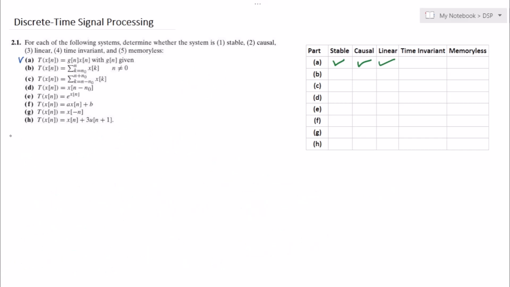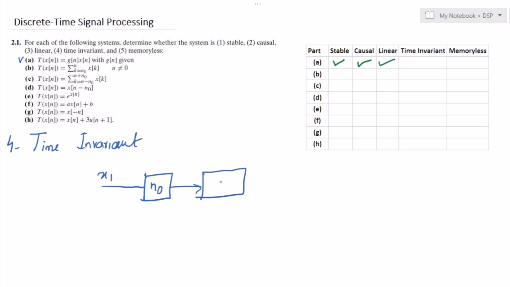So in order to check for the time invariant system, what we have done, if the input is x1, it is first delayed by some delay n naught, and then it is moved through the system. Let me represent it with this t.